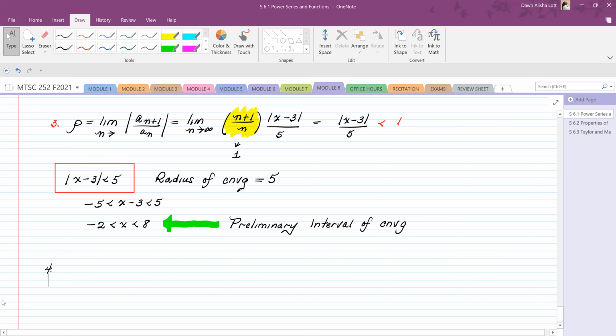Is it because it's not in interval notation? No, that's a good statement, but that's not the reason. The reason is because I still have to check my endpoints. So I have to check my endpoints.